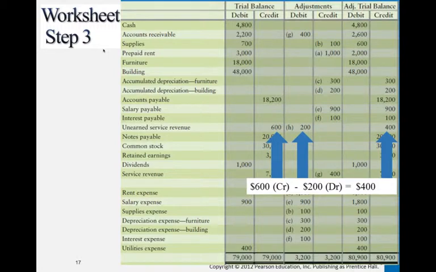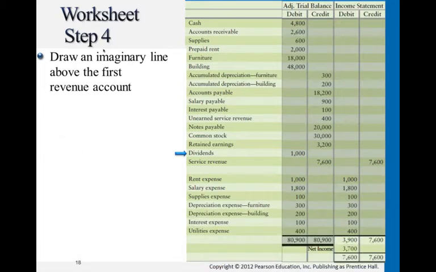Okay, now if we add in the income statement column, just by its name, this is the column that represents only income statement accounts. So you can probably already guess what will fall under that column, right? That would only be revenues and expenses. Okay, so when you look at an adjusted trial balance, you can just draw an imaginary line. All the accounts that fall below this will go into the income statement column as well.